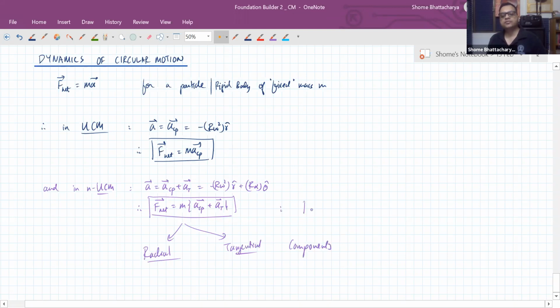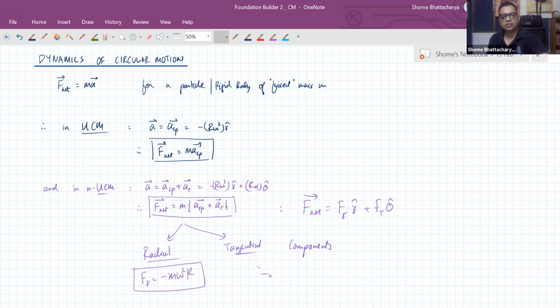The net force is some radial component times r cap plus some tangential component times theta cap. Then this radial component becomes minus m omega square r, and this tangential component becomes m into r alpha.